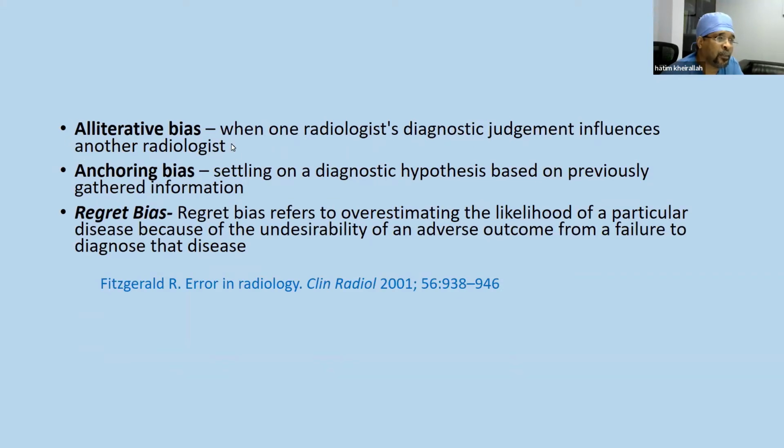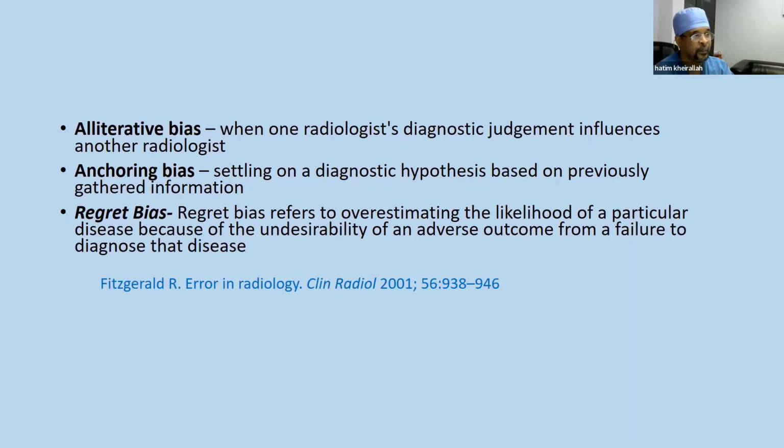Alliterative bias is when a radiologist's or a diagnostic judgment is influenced by another diagnostician, meaning if there is a report or opinion given by one diagnostician, that's going to influence and cloud your thinking process in some ways so as to be misled.